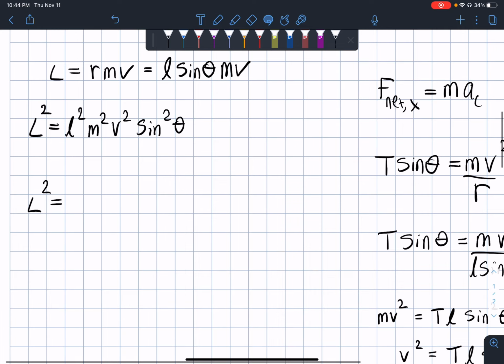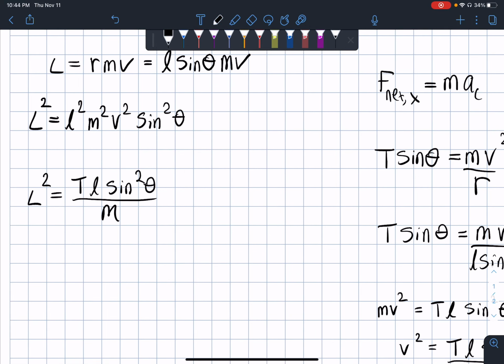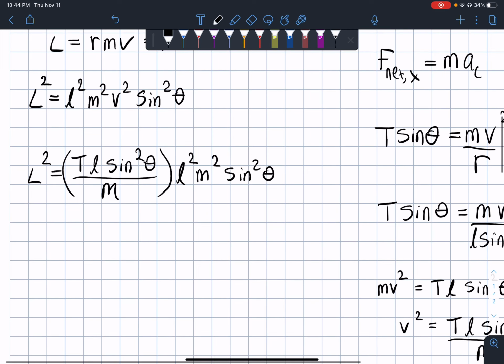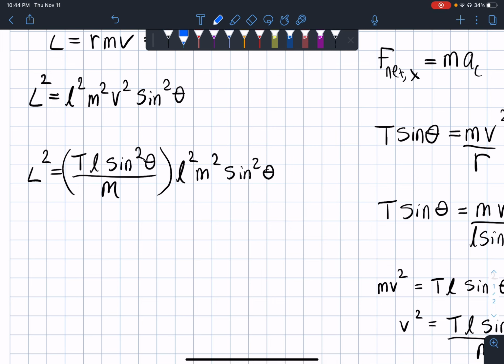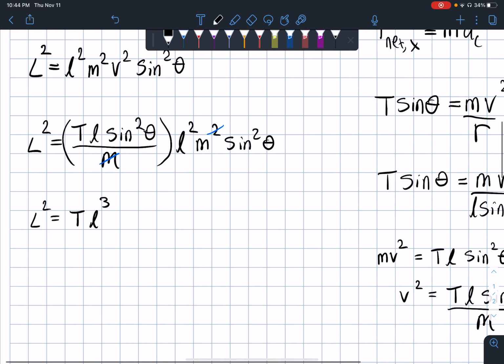So this is v squared. So L squared equals v squared times little l squared m squared sine squared theta. Well, this m will cancel with that m. So simplifying, we have that L squared is equal to T L cubed sine to the fourth theta.